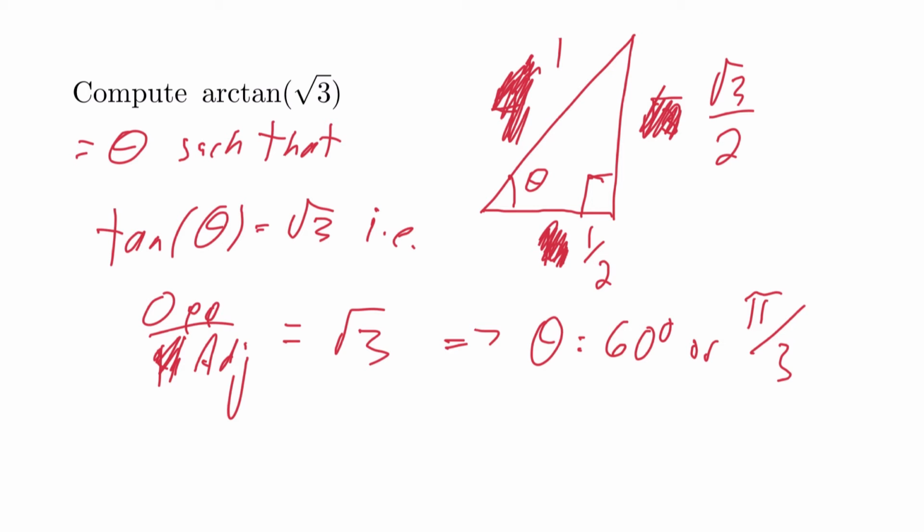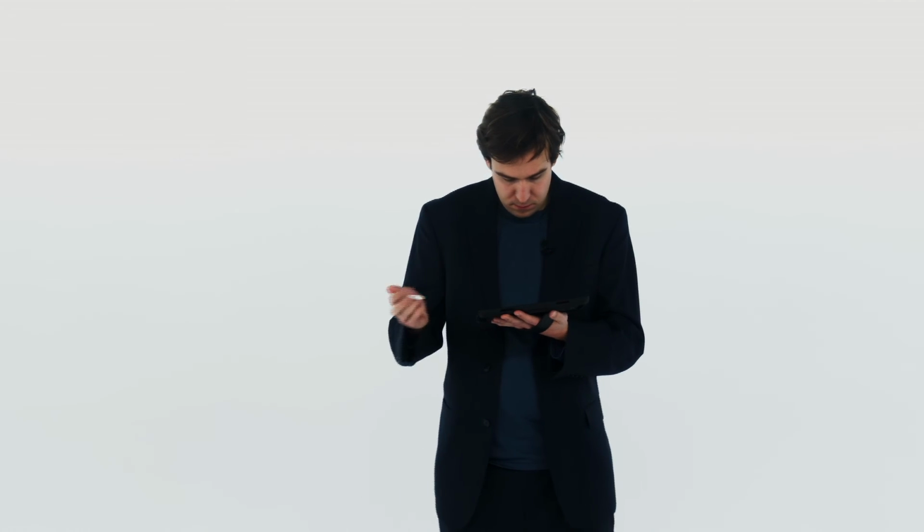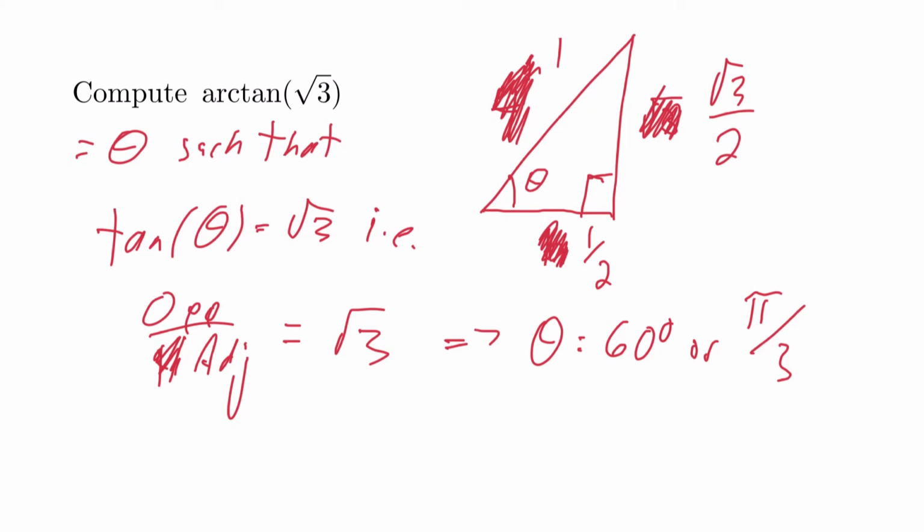But again, we have the periodicity of tangent. So not only will pi over 3 work, but so will any multiple of pi. So I can add k times pi for any integer k.